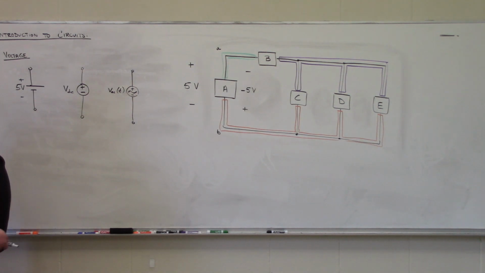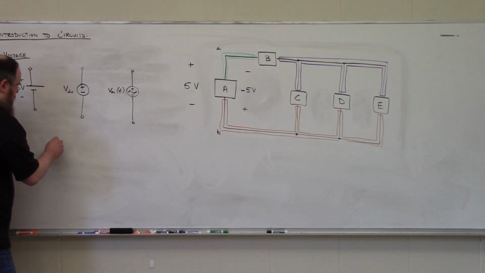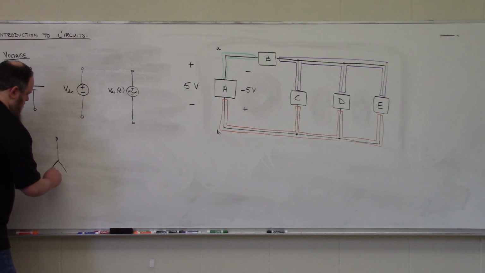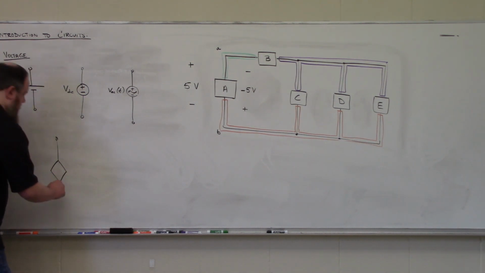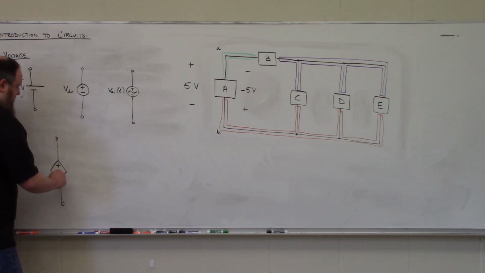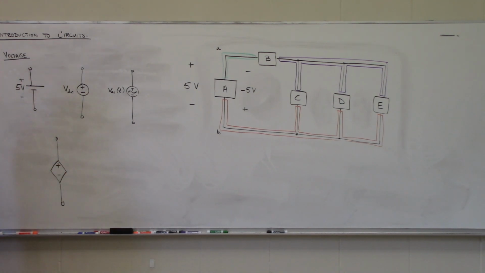There are also dependent sources. And there's going to be 2 dependent voltage sources that we'll deal with. Dependent sources are given by diamond symbols, and dependent voltage sources specifically are diamonds with a plus sign and a minus sign, okay?